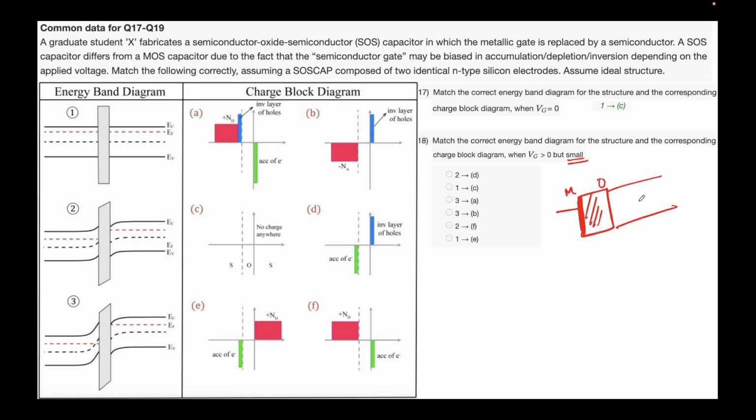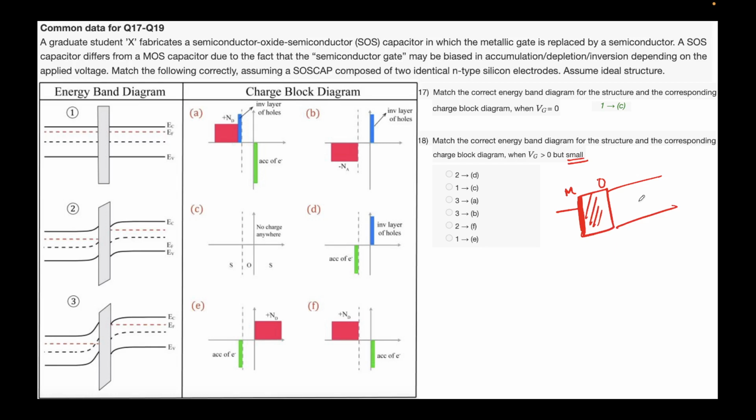Remember the assumption, equipotential metal. In the ideal MOSCAP we had this equipotential metal, right? But the voltage can drop in the semiconductor, but the trend I expect to be the same. This means accumulation on the right semiconductor. I expect that to happen, but will it happen or not?